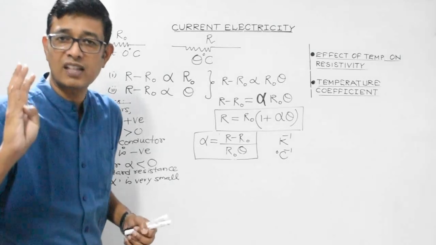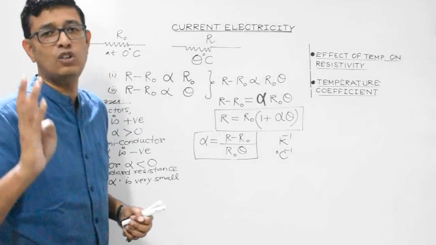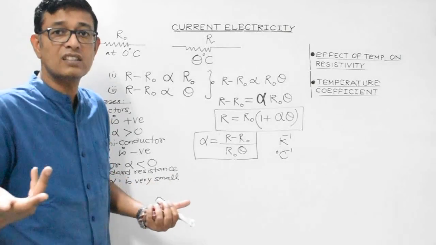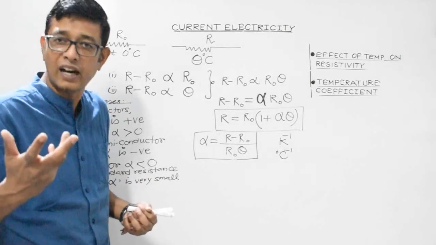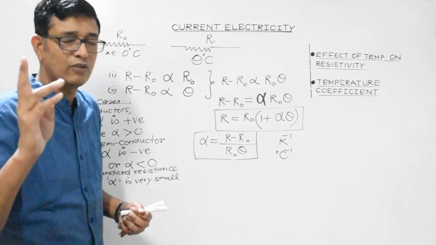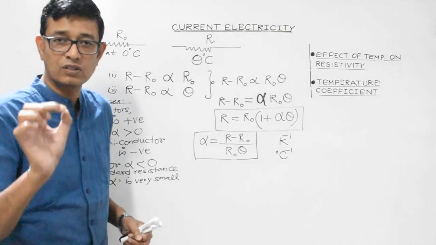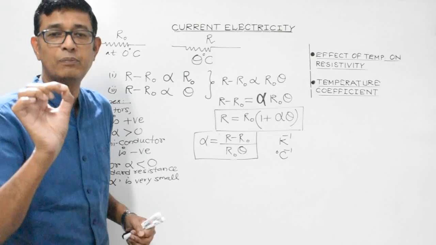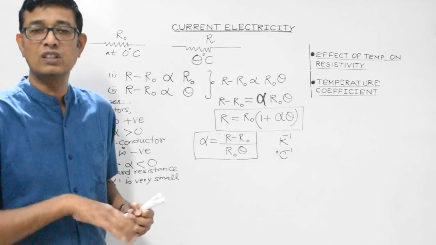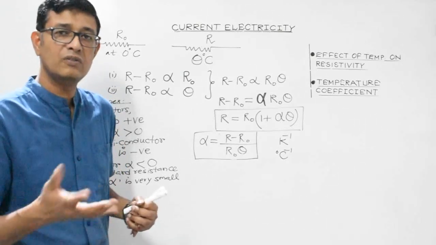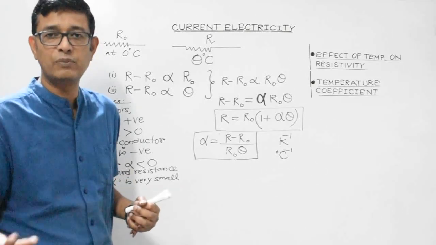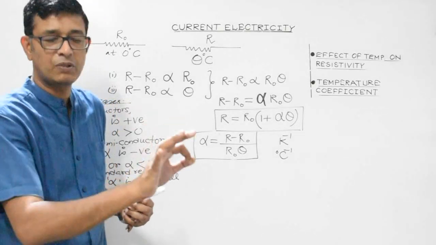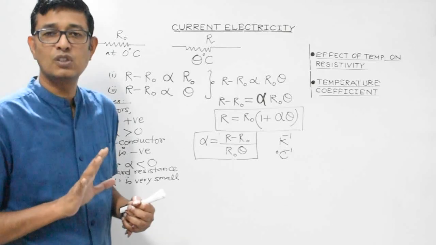First, a standard resistance wire must possess high value of resistivity, because it's used as a resistance wire, so it needs to possess high value of resistivity. And second, which is very important, it should possess low value of temperature coefficient, which will suggest that even with the change, increase or decrease in the temperature, the resistance of that particular material will more or less remain same.